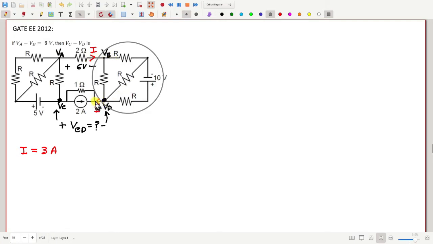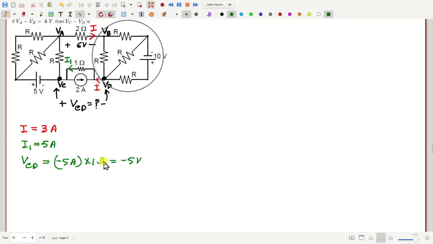So if this current is I1 through 1 ohm resistance, then how much is I1? 2 plus 3, 5 ampere. Now if that is 5 ampere, then VCD will be minus 5 ampere into 1 ohm, so that is minus 5 volt.